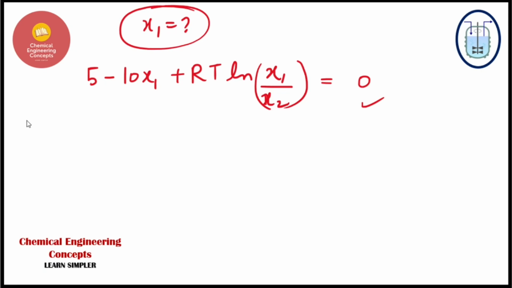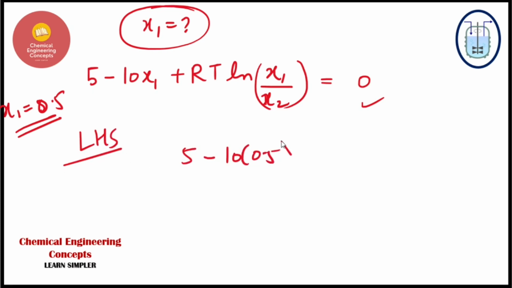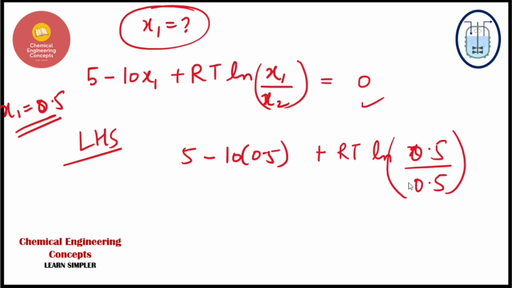After doing the calculations, what I checked was for x1 equal to 0.5, this left hand side becomes 0. So let's see how. 5 minus 10 times 0.5 plus RT times ln of x1, the value of x1 here is 0.5, so x2 will also be 0.5, because x1 plus x2 is equal to 1.